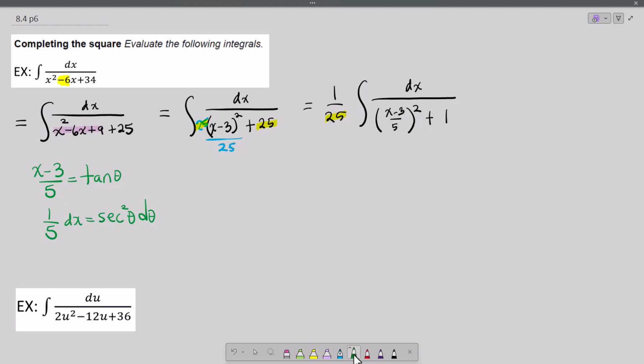Okay, and we're going to come over here and do our substitution. So we have 1/25 out in front. The dx in the numerator, if you look down here and multiply both sides by 5, dx is going to be 5 secant squared of theta times d theta. We put the d theta on the right.